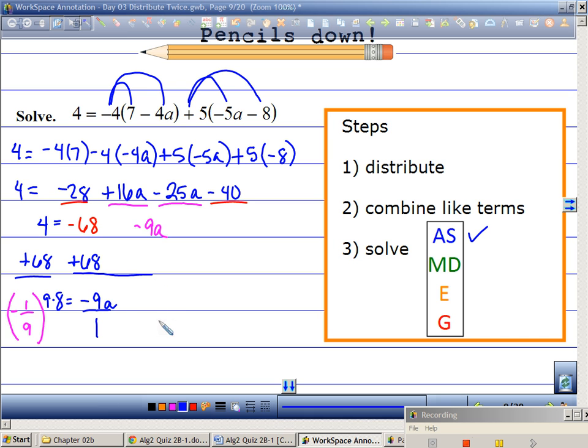You can make this one look like this as well. Multiply by negative 1 over 9. This is all over 1 as well. So my 9 goes away, this 9 goes away, my negative goes away, and I'm left with a equals negative 8. Question?